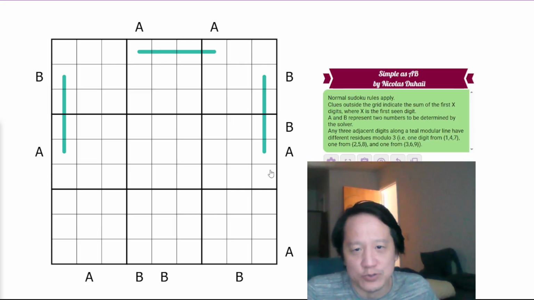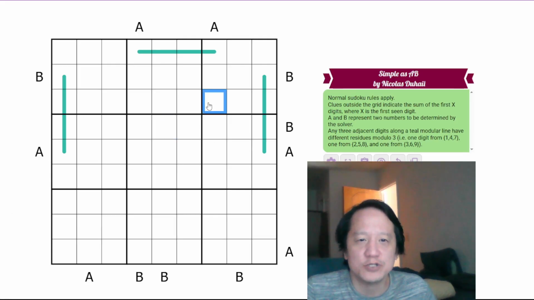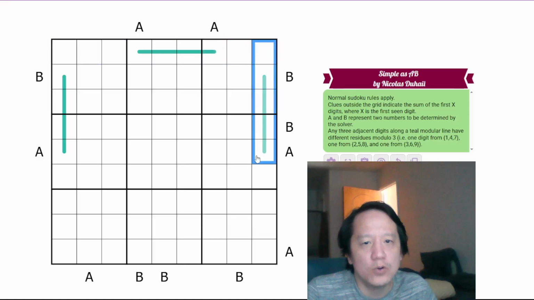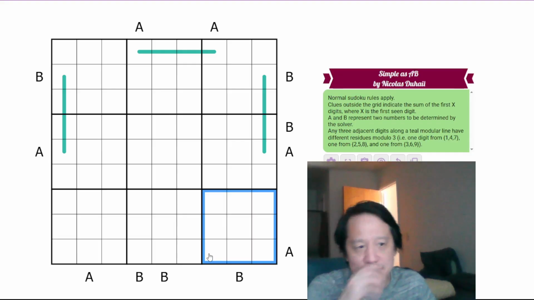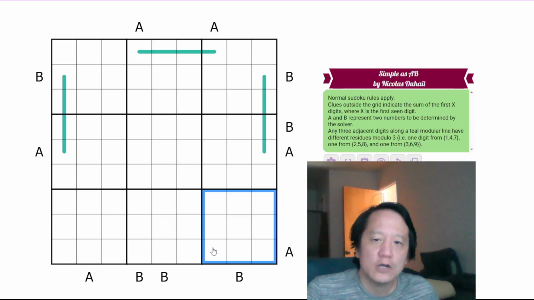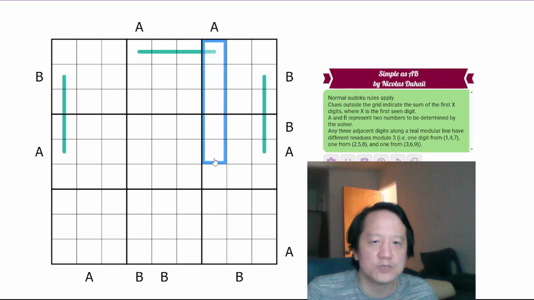Anyways, let's get to the rules. Normal Sudoku rules apply, which means in every cell in the grid, place a single digit such that every row, column, and designated 9-cell region contains the digits 1 through 9 exactly once each. Clues outside the grid indicate the sum of the first x digits, where x is the first digit seen.